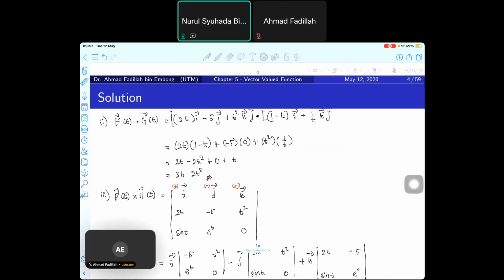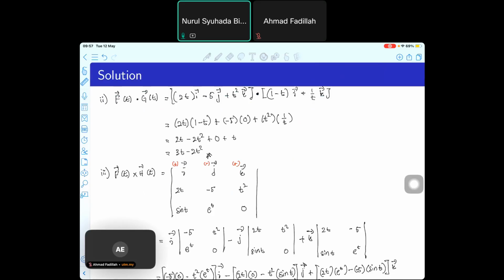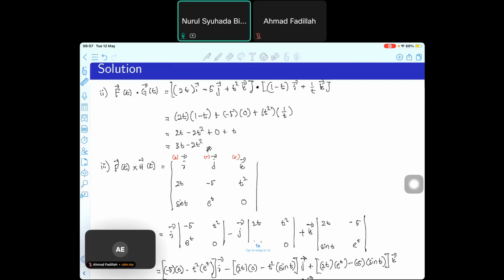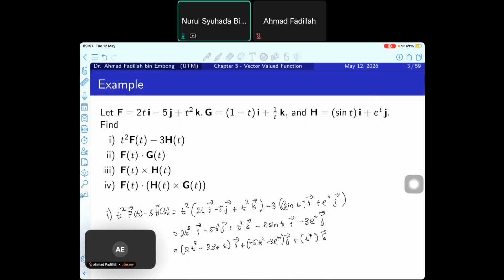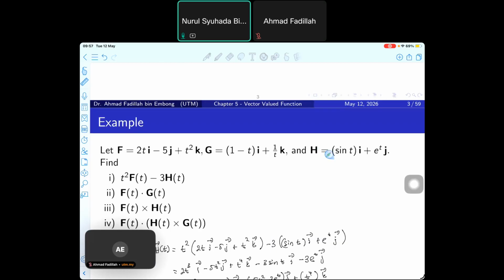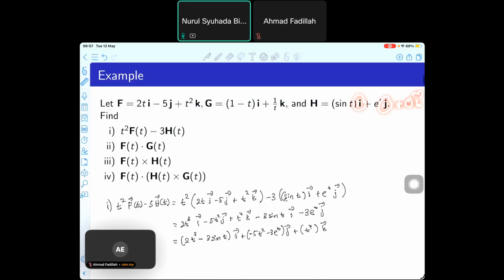Okay, next one is the cross product. The cross product is defined the following way: F cross H. This is coming from our F, and this is coming from our H. If we recall again, H has only two components, i and j, which means the kth component is equal to 0.